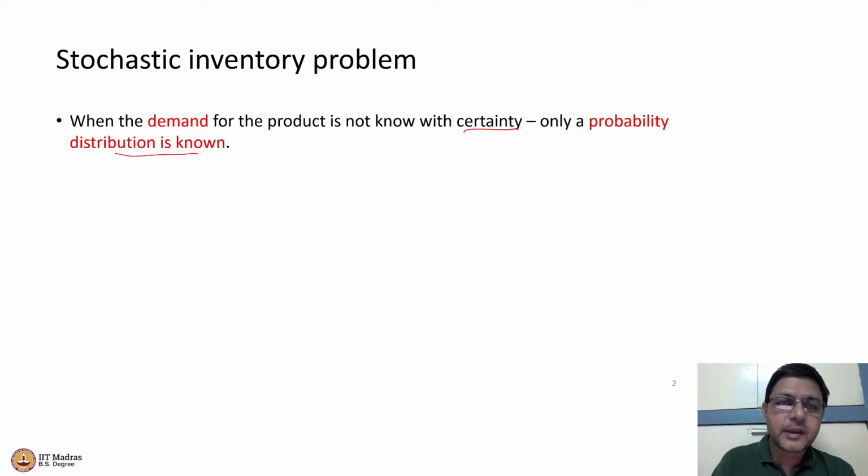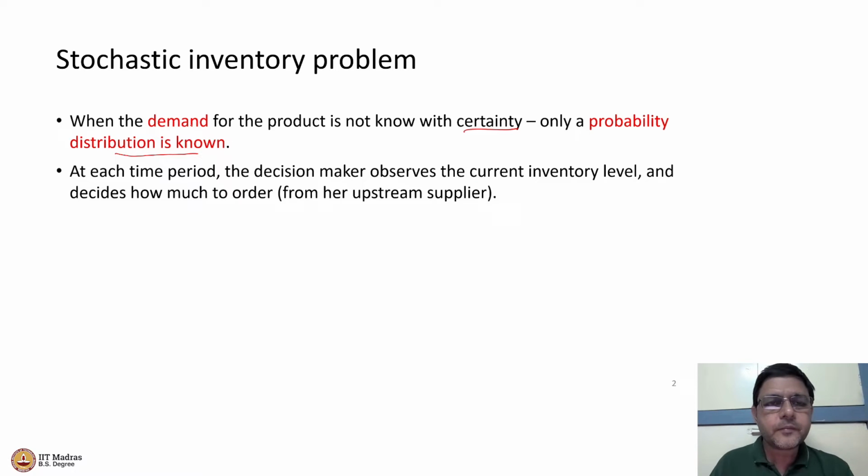So this is a stochastic dynamic inventory problem where not only are we stretching the time axis, but we are also making the demand stochastic. Everything else remains the same, which essentially means that in every decision epoch, the decision maker looks at the current inventory level and decides how much to order, which essentially decides the state variable in the next time period, and so on.